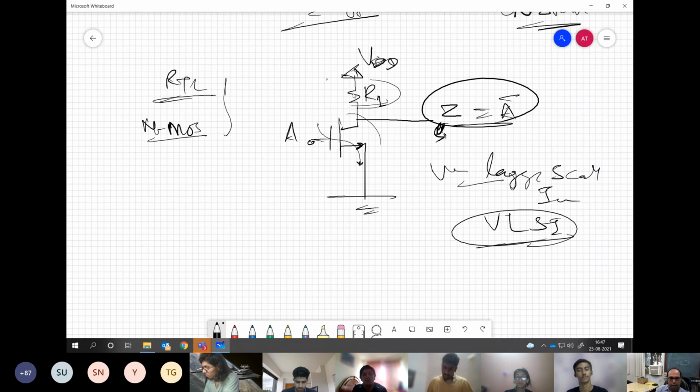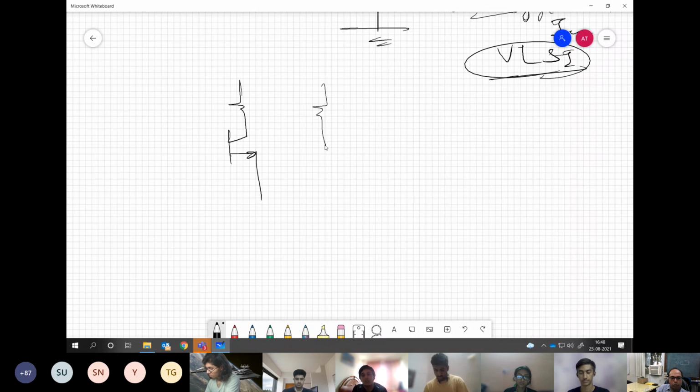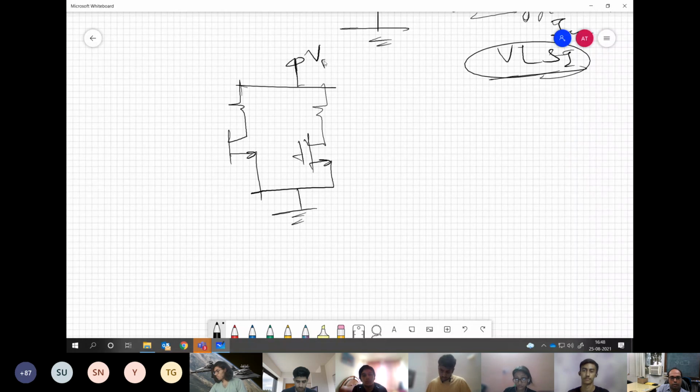Based on this, if we can fabricate this NOT gate, we can have any other gate also, depending on how we connect them. With this NMOS technology, we can connect two together. You give A input over here, B input over here, and where to take the output?